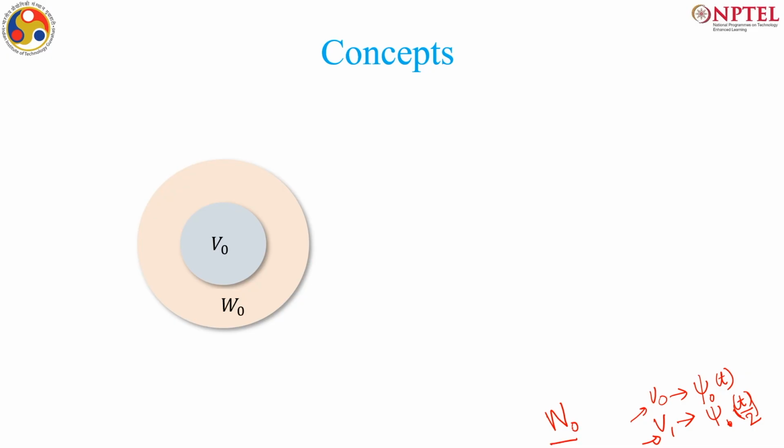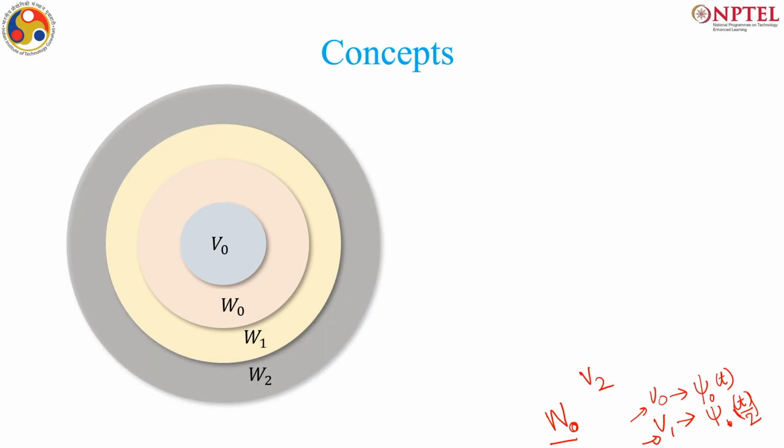This may not be a signal space, but consider that this is the set of signals which is forming the annular region. So, this whole disk if you see, that is V1, but this annular region is W0. And likewise, I can create my V2, which is the big yellow disk, and the difference space which is excluding this V1 is my W1. And similarly, I can have W2, which is this annular gray space.